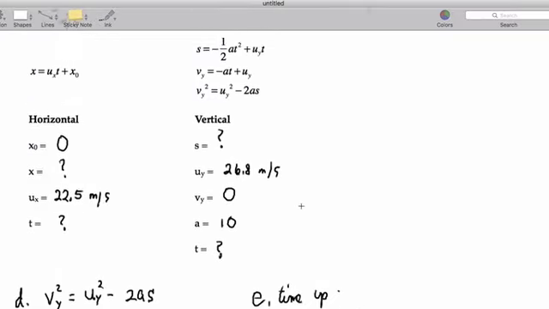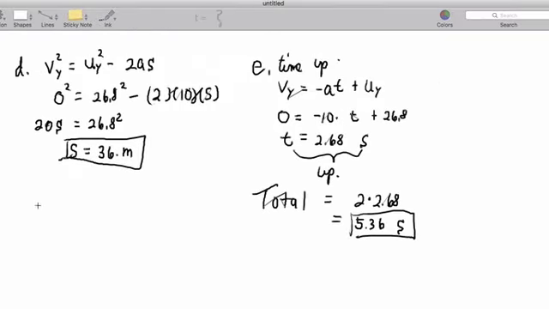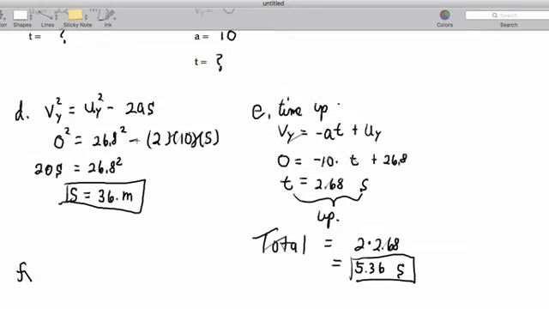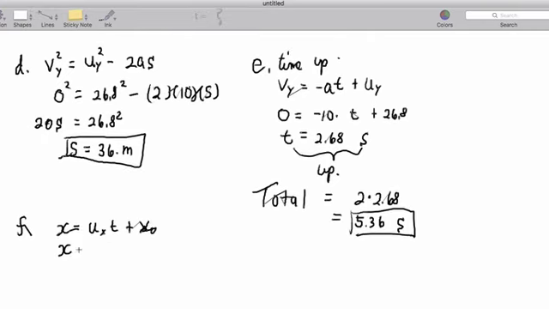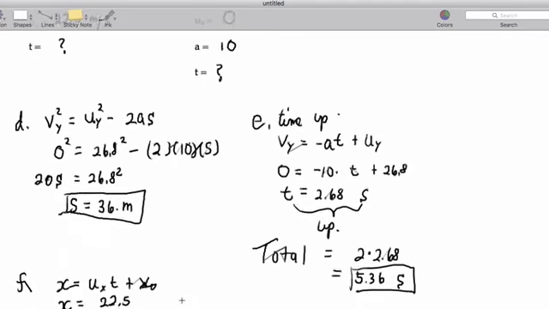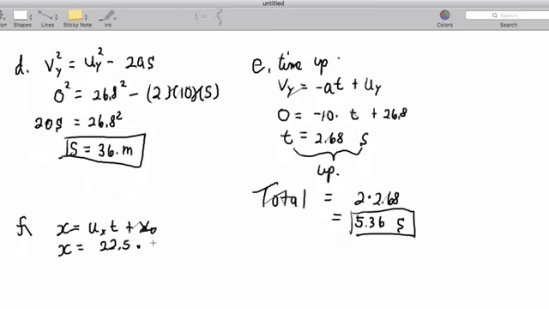Now for part F, we want to know the horizontal range it covers. So that's going to be x is u x t plus x naught. Let's put in our numbers. It's going to be x equals 22.5 from up here times the 5.36.